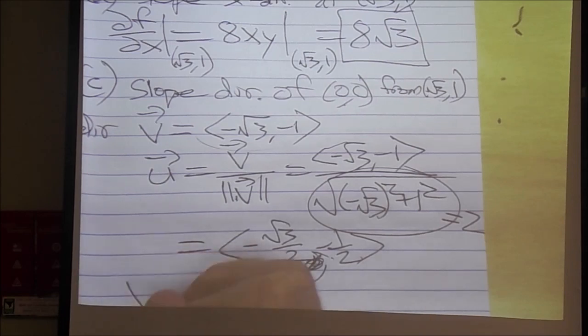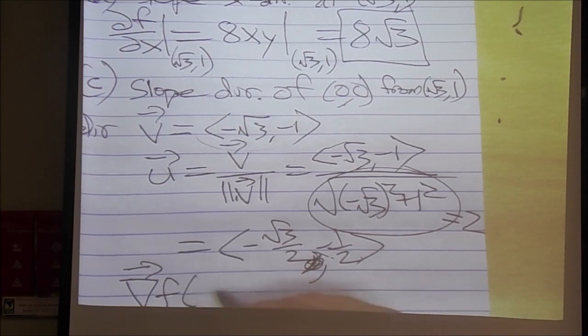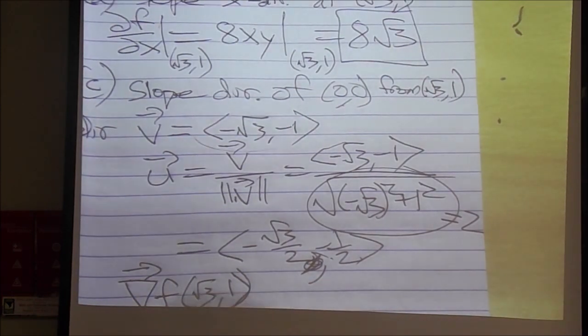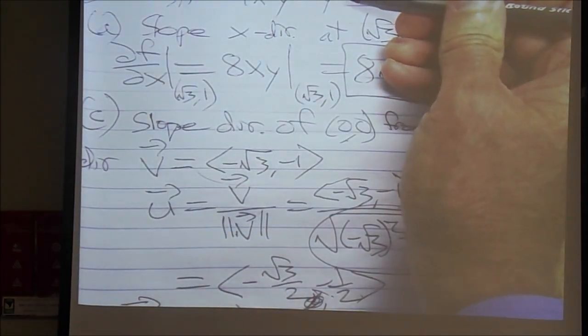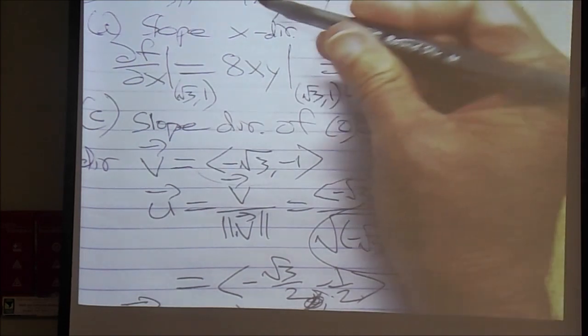Now, I also need the gradient to calculate the directional derivative. So the gradient of f I'm interested in at this point also, square root 3, 1. That's the point at which I want to calculate the slope of the tangent line. Well, the gradient is the vector of partial derivatives with respect to x and y. If you look back at the function up here, the partial with respect to x was 8xy.